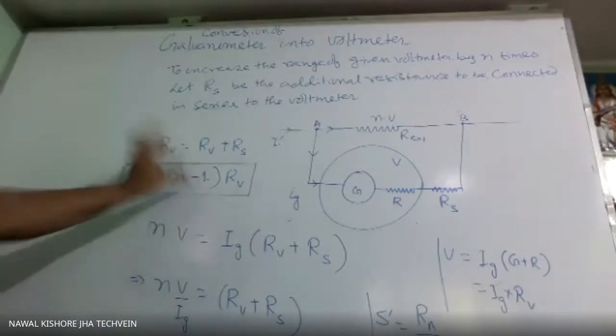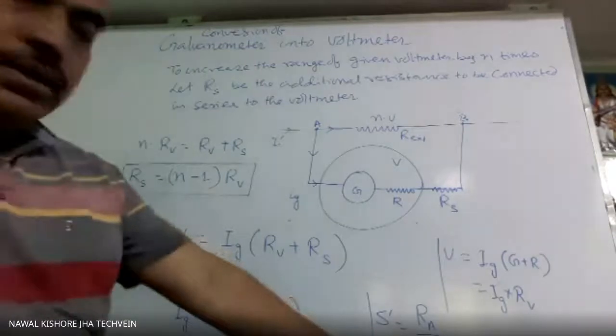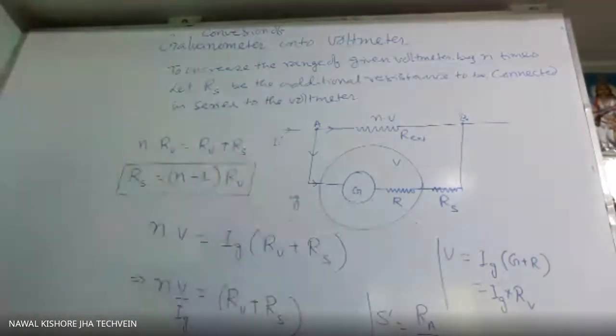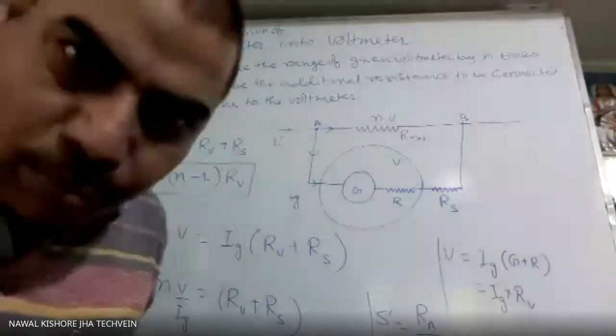It came in the denominator there; here it will come in the numerator. So n minus 1 into RV. So this is about the conversion of a galvanometer into an ammeter and a voltmeter.